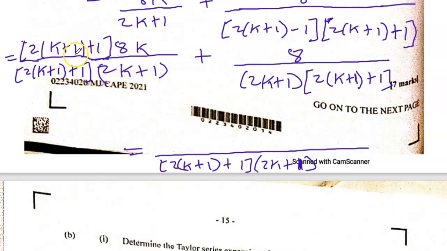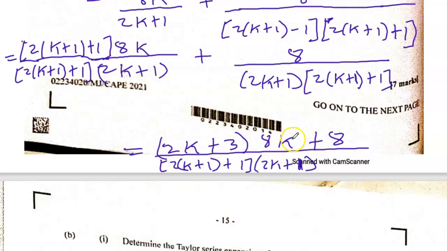In the bracket here, if I expand, I'll end up with 2k squared, 2k plus 2 plus 1, that's 2k plus 3. And outside I'll have 8k plus 8.